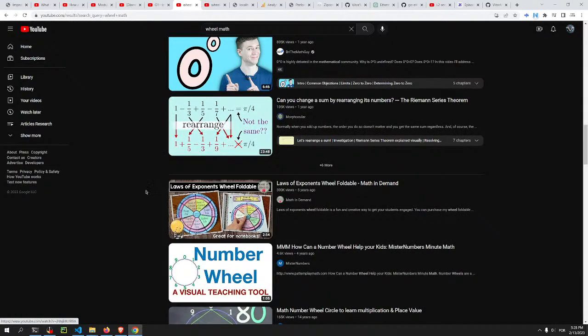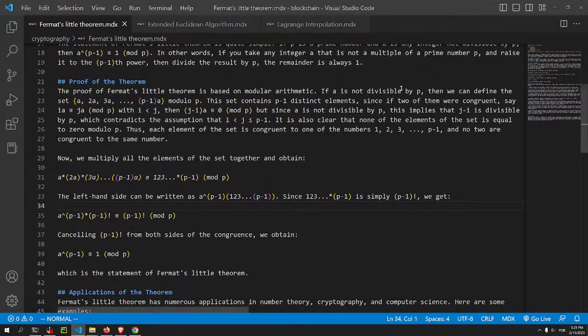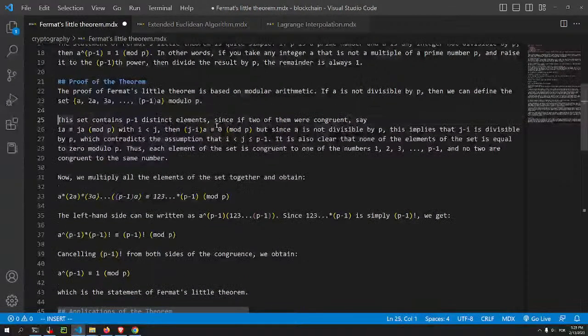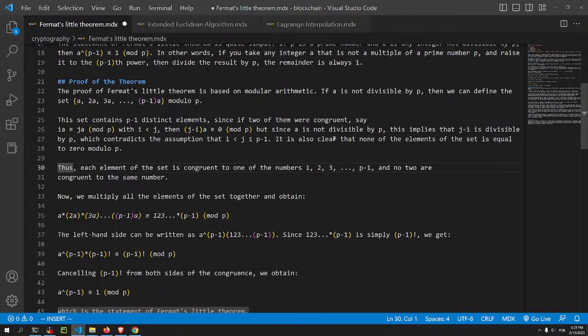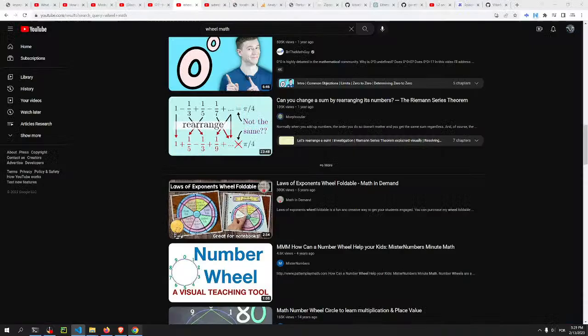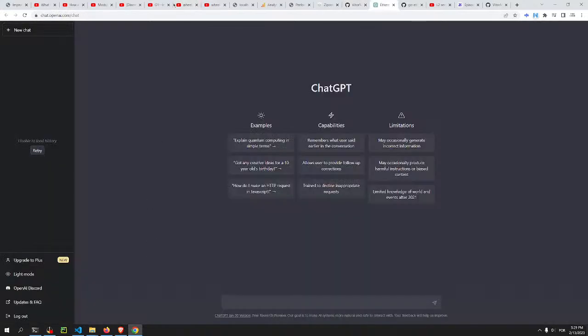And then after that, I'm gonna rewrite the proof here. I think some of the parts I'm gonna leave it like it is, but this part here I'm gonna change. Maybe I should ask ChatGPT, see if I can get a better answer as well.